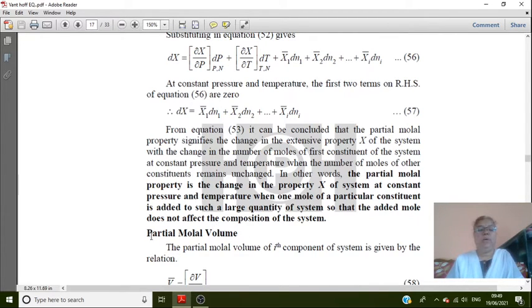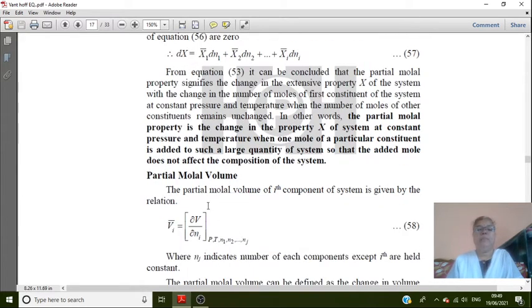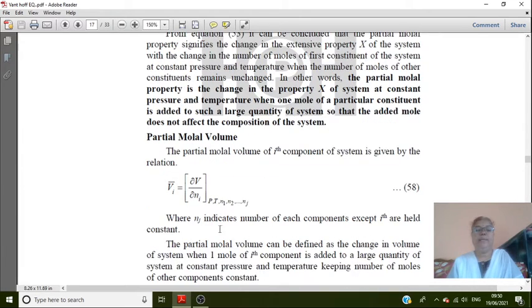Then in particular we will see the partial molar volume. Here the partial molar volume of the ith constituent of the system is given by Vi bar, which is equal to ∂V/∂ni at constant pressure, temperature, n1, n2 up to nj, where nj indicates the number of moles of each component except i, which are held constant.